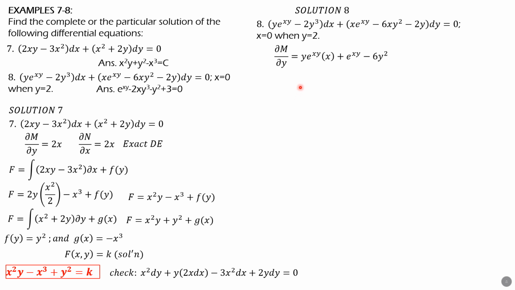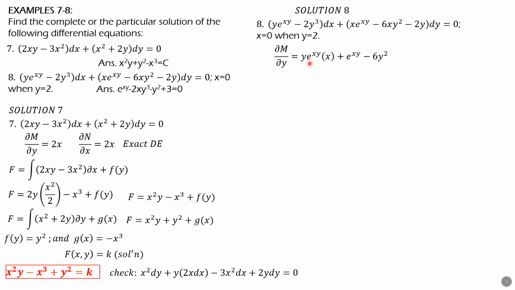So let me explain again. So we obtain the partial derivative of this with respect to y. So imagine that y is the variable. So this is y e to the u. There is variable there also. So that's why we have to obtain the derivative of product. So y, derivative of e to the u is e to the u. Then the derivative of u with respect to y is that x there because the derivative of y is 1.